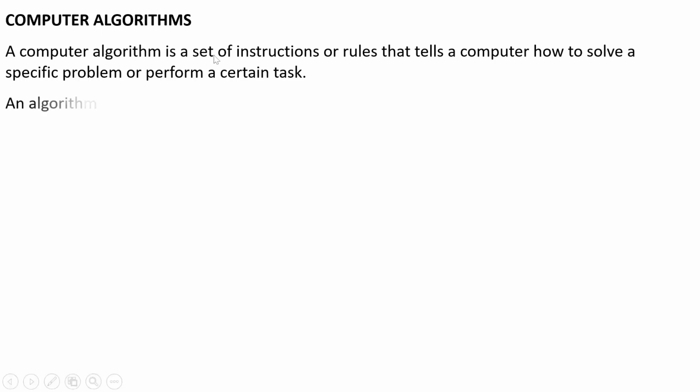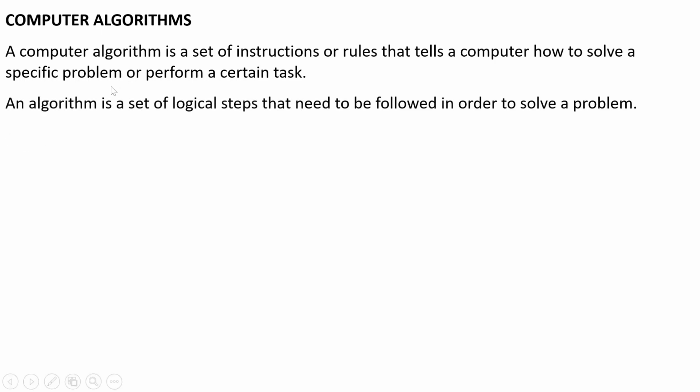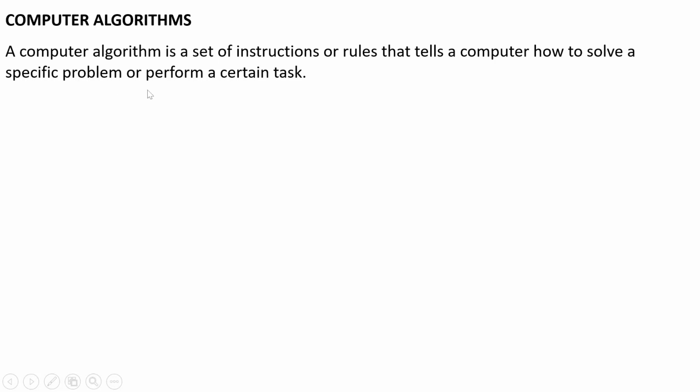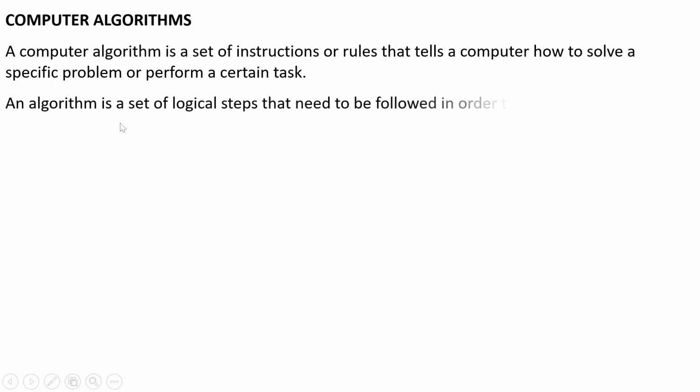Okay, so a computer algorithm is a set of instructions or rules that tells a computer how to solve a specific problem or perform a certain task. So we are saying an algorithm is a set of logical steps. This is another definition: an algorithm is a set of logical steps that need to be followed in order to solve a problem.